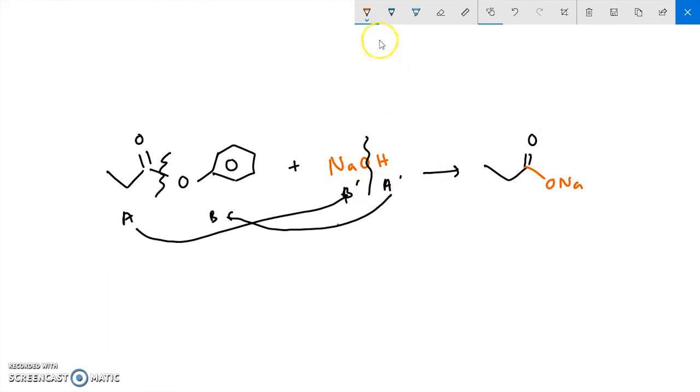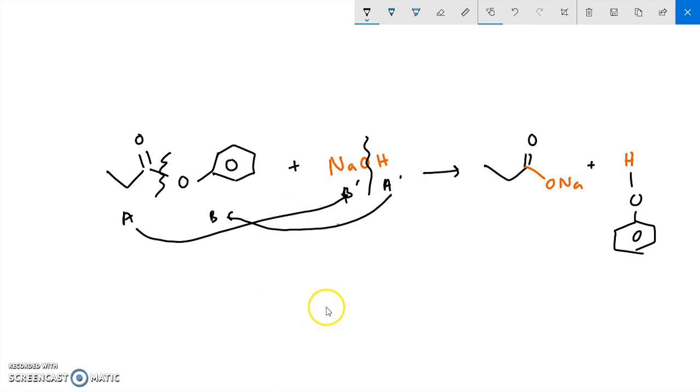And the side product is H from the A prime, which will connect to the oxygen followed by the benzene ring. If you think that the end product is a phenol, you are correct, because it is a benzene attached to the O and finally attached to the H. This is the side product of the reaction.